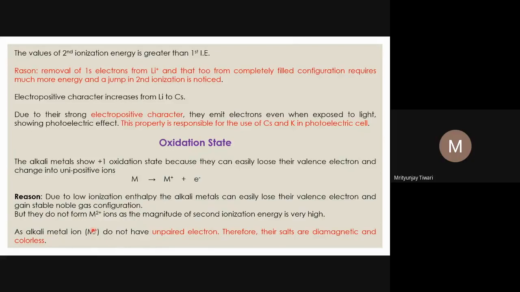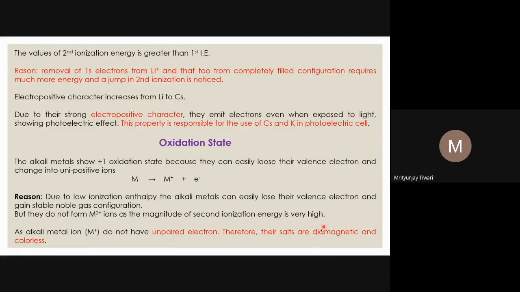So they are paired, and since they are paired, the alkali metals in M plus form, meaning all of their compounds, are mostly diamagnetic. Diamagnetic means they do not have any unpaired electrons. Some properties of diamagnetic materials we have seen: they are weakly repelled by a magnetic field. Mostly it is recognized by the absence of unpaired electrons.